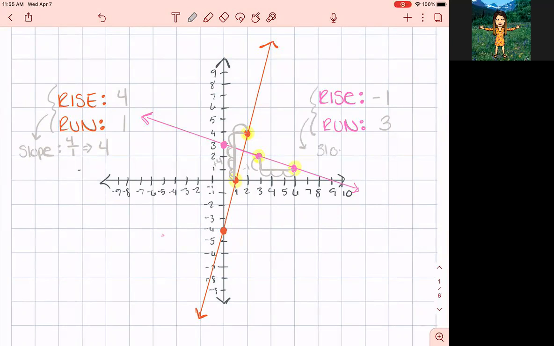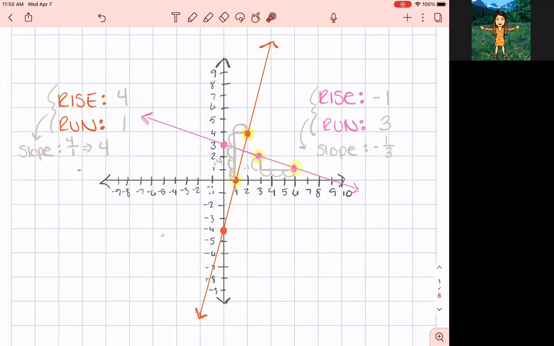Our slope is then going to be -1 over 3. And you can't simplify that, so you just leave it. The slope is -1/3. So again, it's just the idea of finding 2 dots, make the triangles between them, and then count the rise over your run.